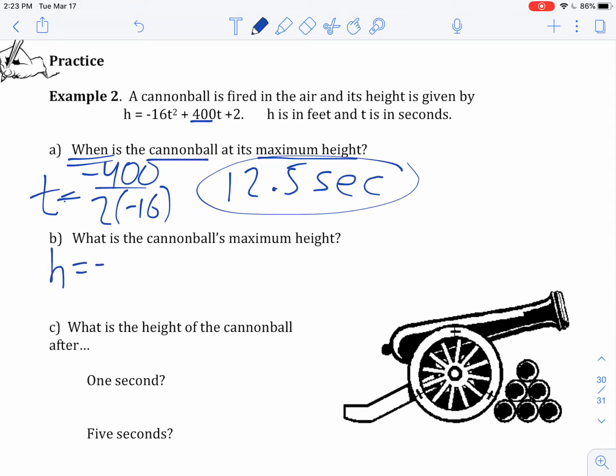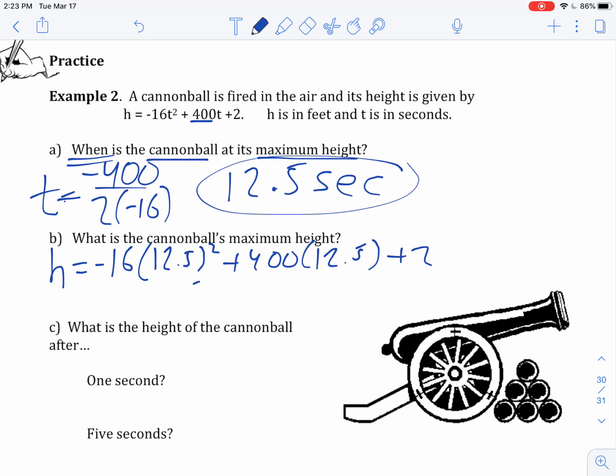If I want to know the actual maximum height, I take that answer that I just got and plug it in for t. So that is going in for t. I would type all that in my calculator. I would not try to do this by hand. Make sure you put these in parentheses. Make sure you type in the squared.